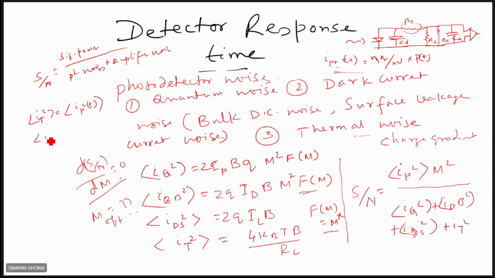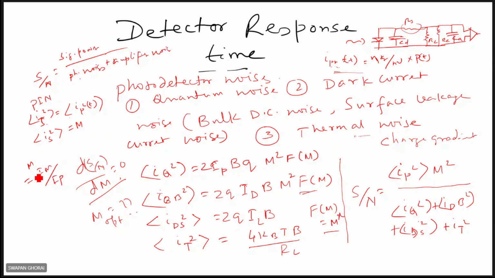But for an APD photodetector, a gain factor will be there, because we have seen that responsivity is M times the responsivity of the pin photodiode. The gain factor M is, for a pin photodiode, IM by IP.